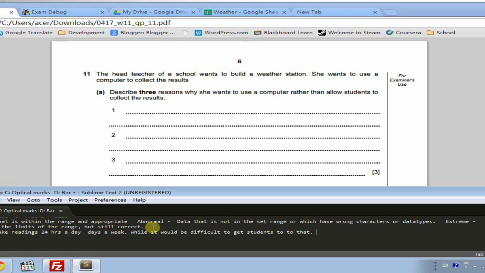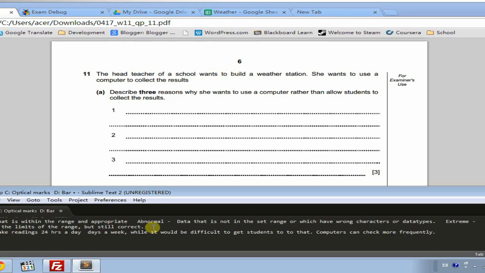Other things, computers can check more often, they can check more frequently. I'm having a bad time with my keyboard today. Computers can check more frequently.